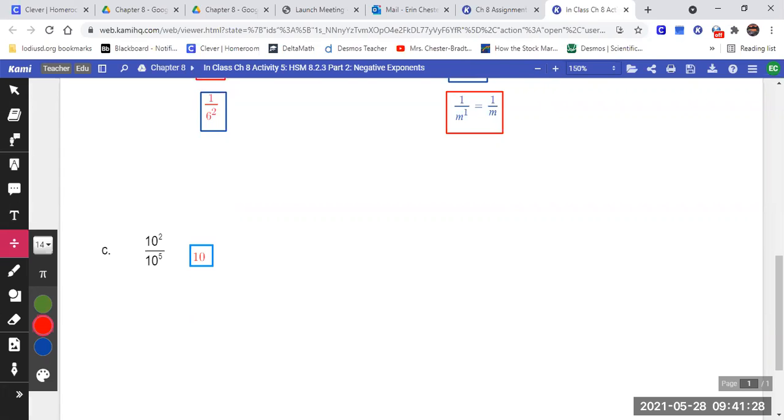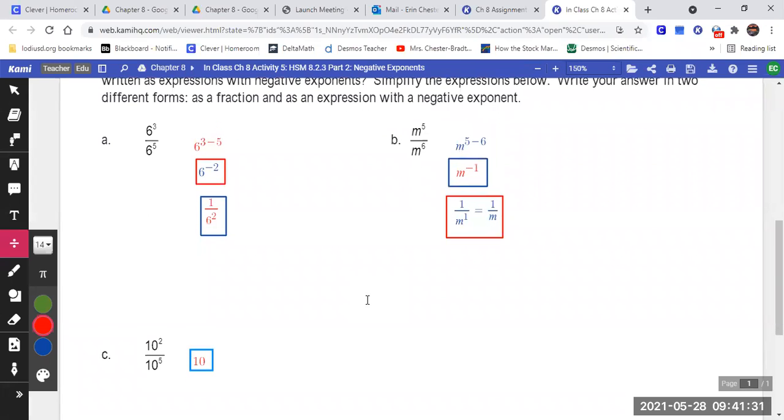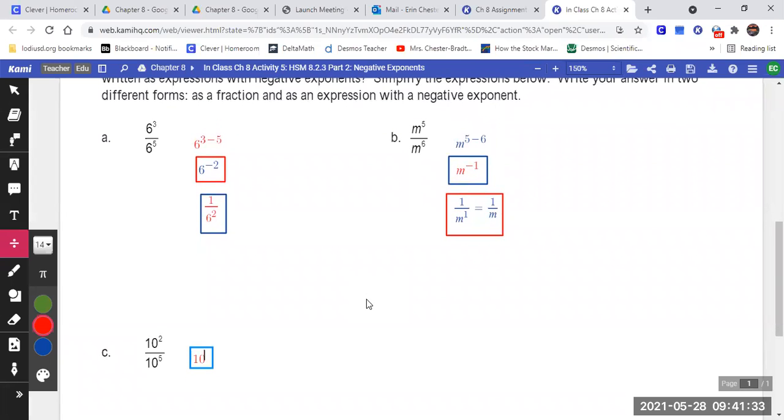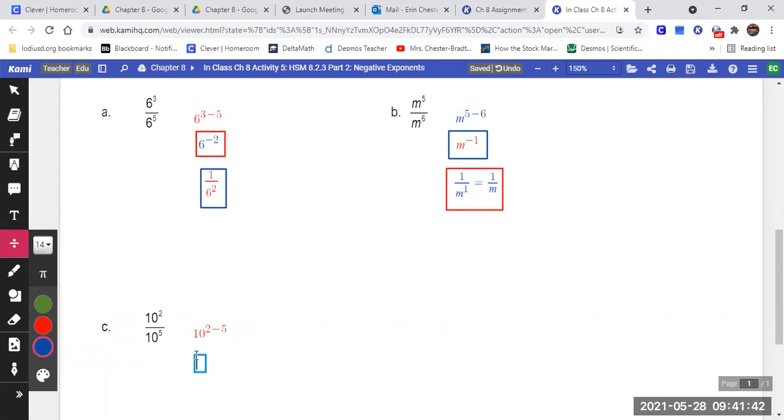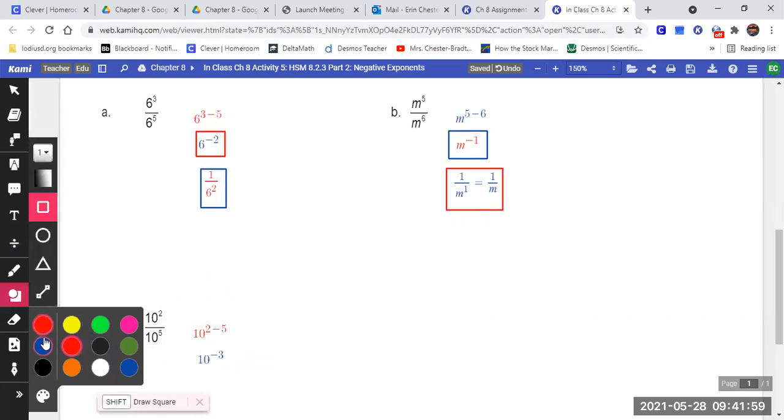Look at how we've done all the other ones. What's the first step? 10 to the 2 minus 5. Okay. Then we solve that exponent to get what? 10 to the what? -3. There's our first piece that we get to highlight because they said as a negative exponent and a fraction.